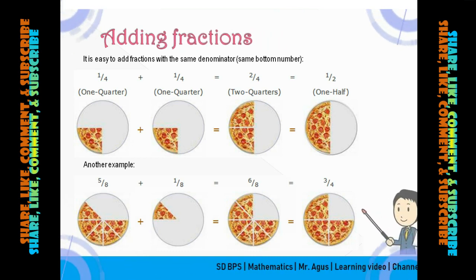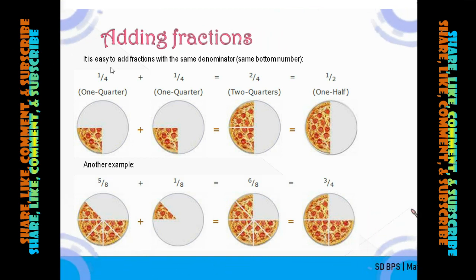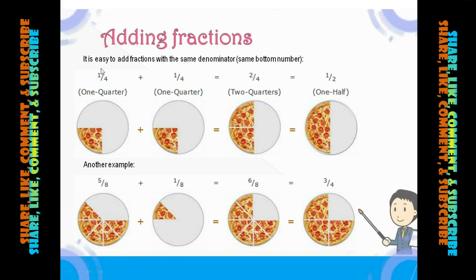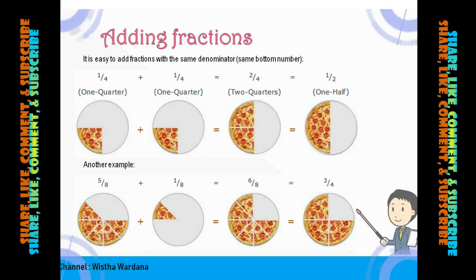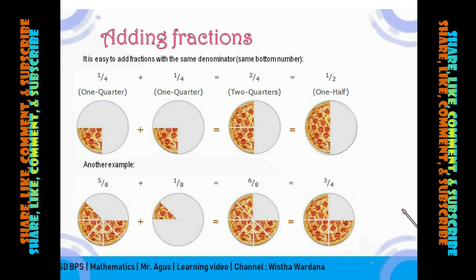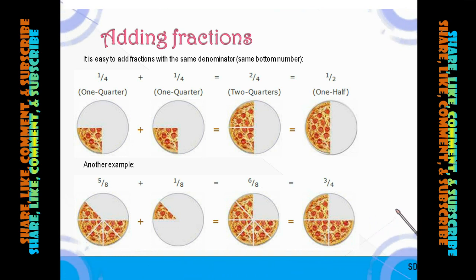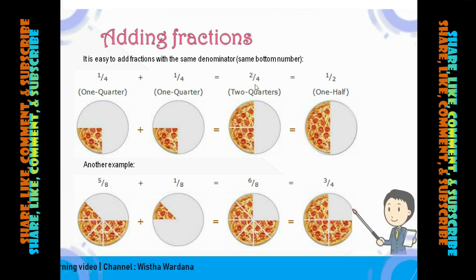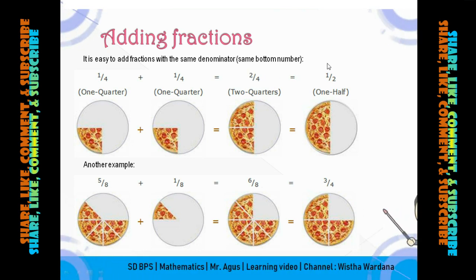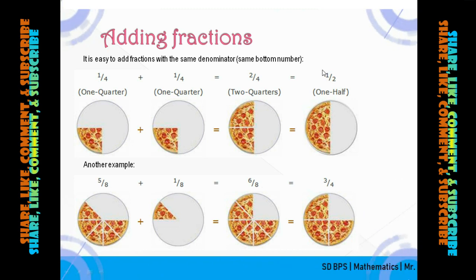Okay, this is about adding fractions. It's easy to add fractions with the same denominator, or like fractions. All of you already learned about this in grade 3, so I will explain it as fast as I can. 1 per 4 plus 1 per 4 equals 2 per 4, and 2 per 4 is equivalent to 1 per 2.